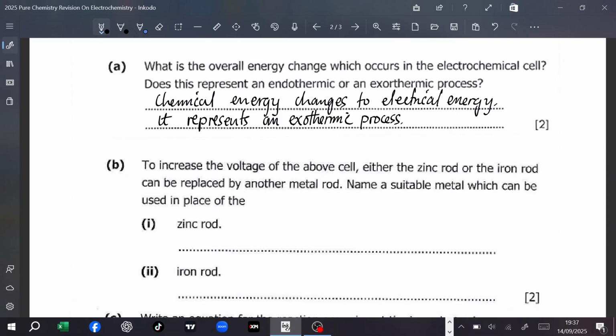To increase the voltage, we must use a metal which is more reactive than zinc, higher than zinc in the electrochemical series. A metal like magnesium can be used.